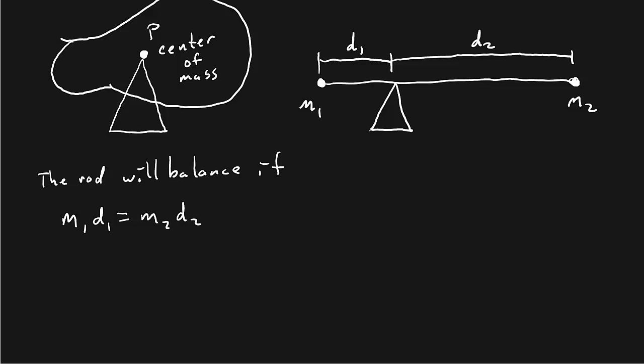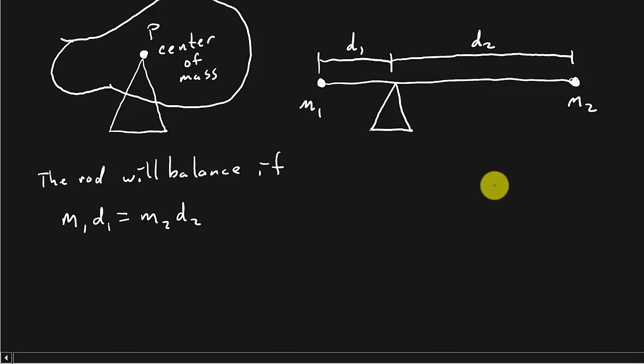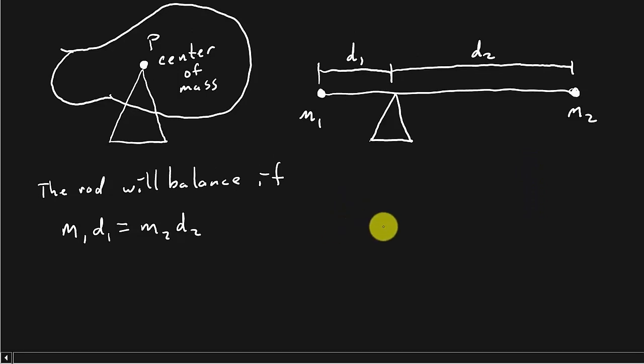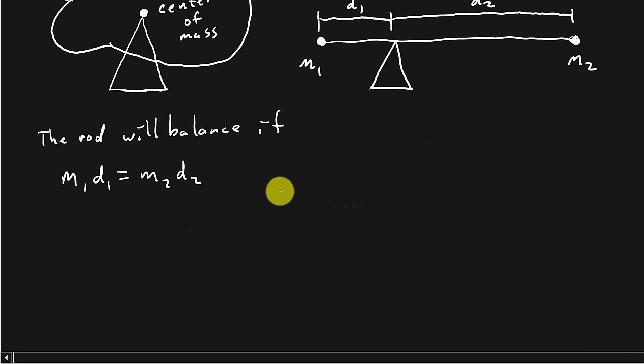Now let's suppose the rod lies along the x-axis with M1 at x1 and M2 at x2, and the center of mass is x bar. Let's draw a picture of that. We'll say this over here is 0.